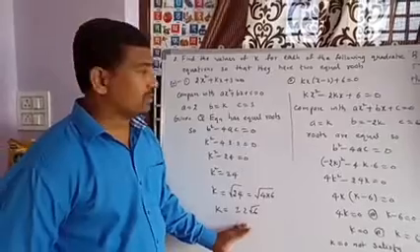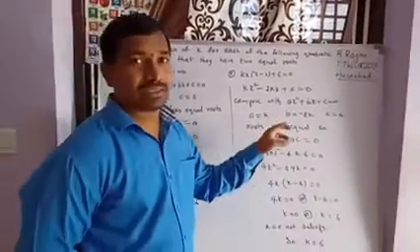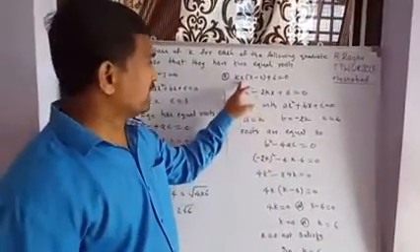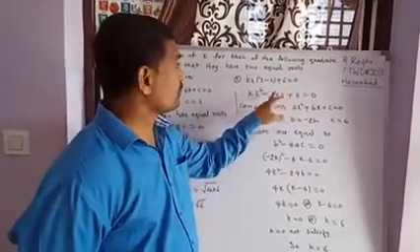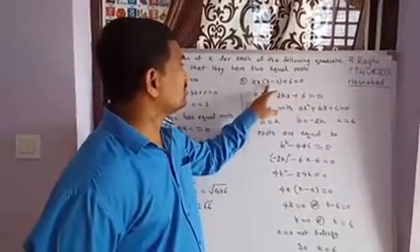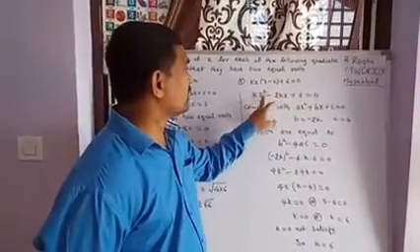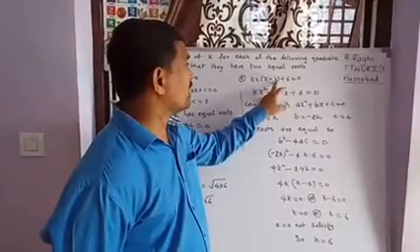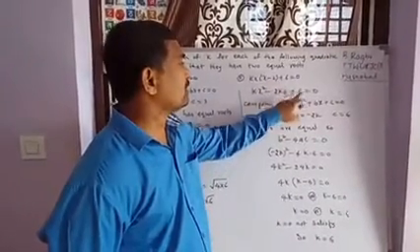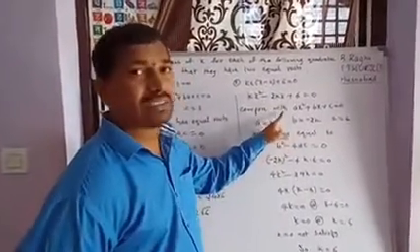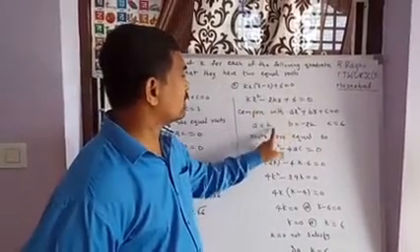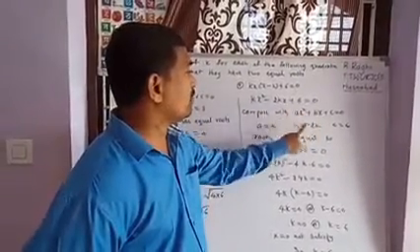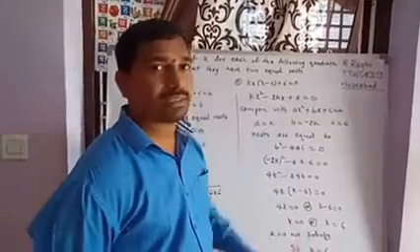Okay, are you getting? So let us take another problem. kx into x minus 2 plus 6 equals 0. So multiply here. kx into x, x square. kx into minus 2, minus 2kx plus 6 equals 0. Again compare with standard form. ax square, kx square, so a equal to k, plus bx, b equal to minus 2k, c equal to 6.